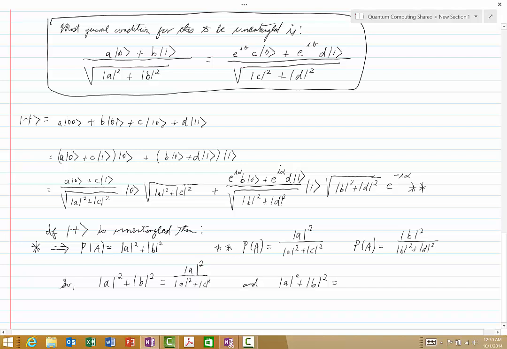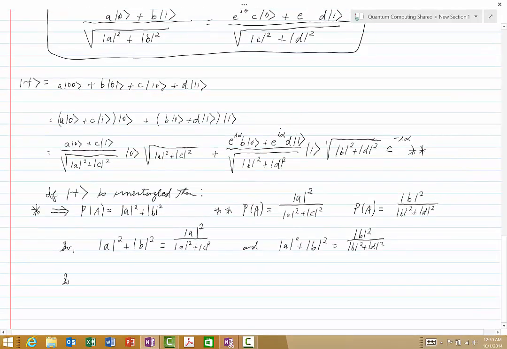This is coming, remember, from this term right here. So we have magnitude of A squared over that. So there. But also this P of A is equal to this second term. So it's equal to magnitude of B squared over magnitude of B squared plus magnitude of D squared.